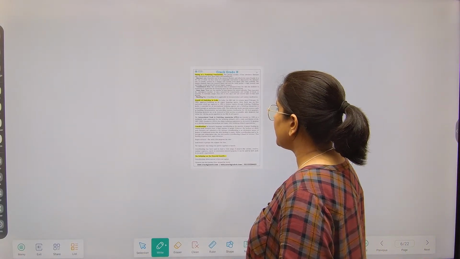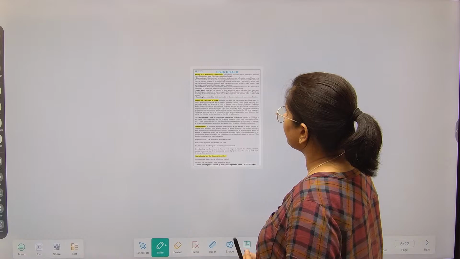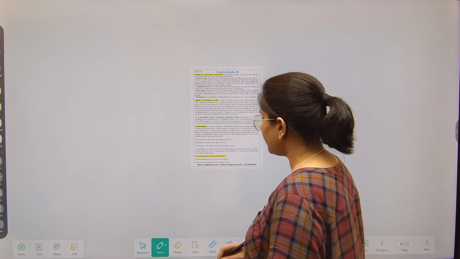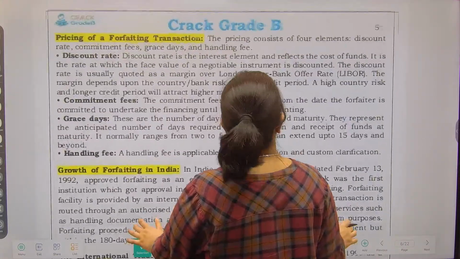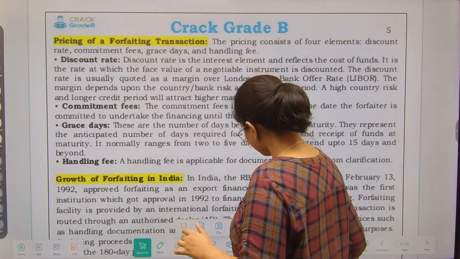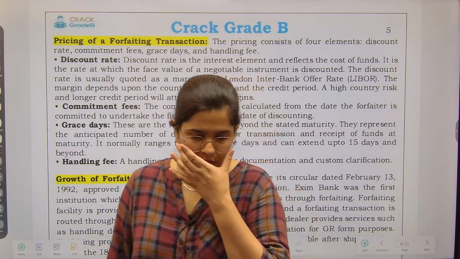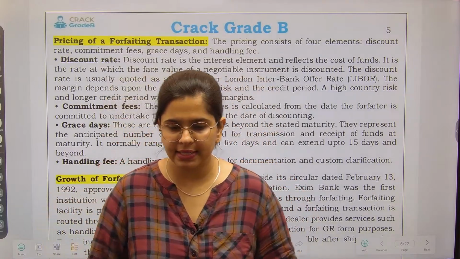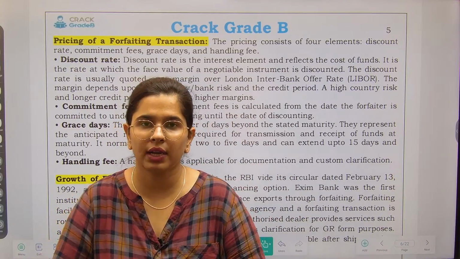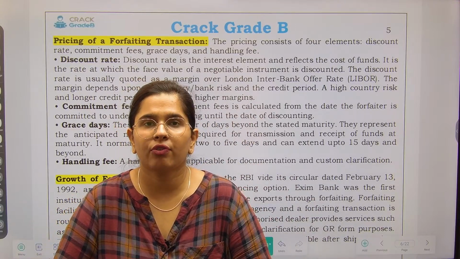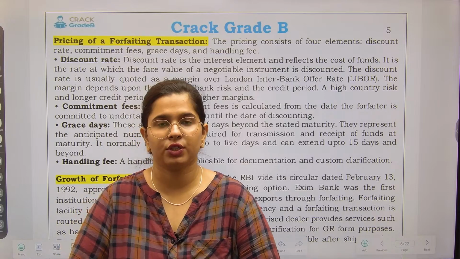Now, the pricing and growth of forfeiting etc., we will talk about it. First I would like to discuss a few things. This is what I will be discussing later, that means tomorrow. Right now I want to discuss NABARD. I remember one of you asked about this particular doubt.